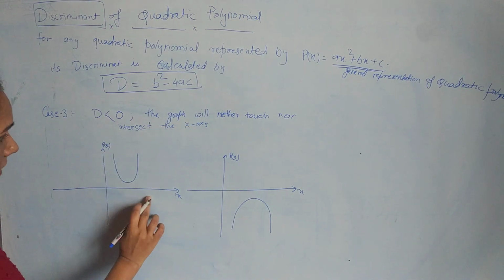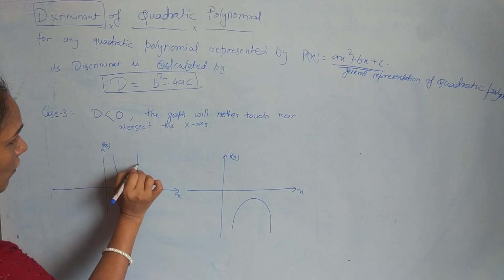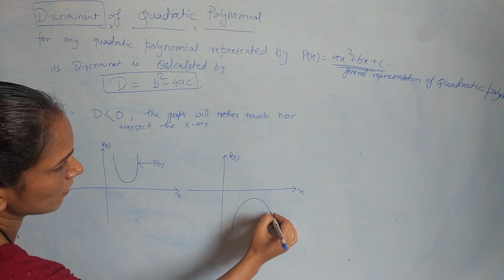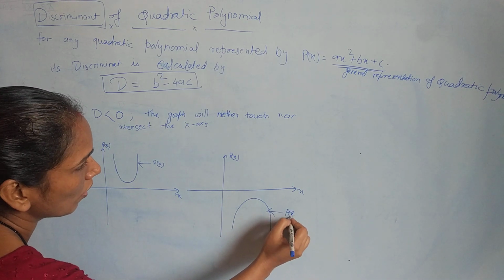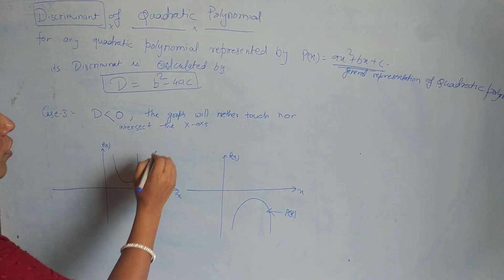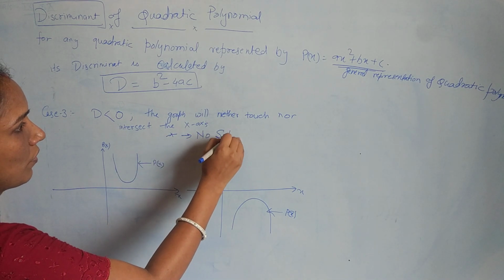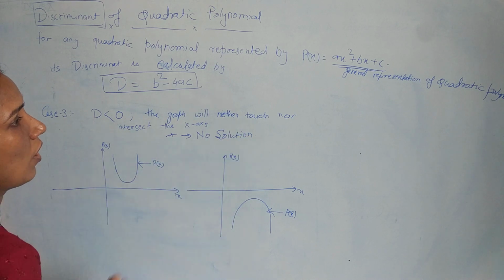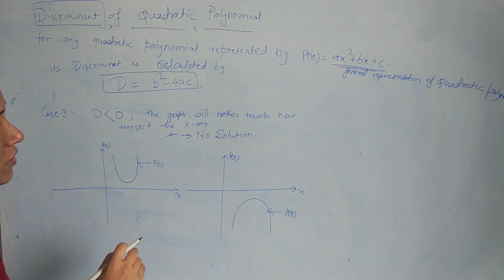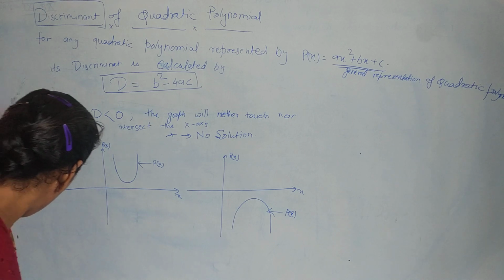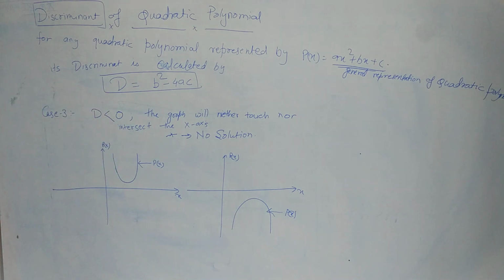Here we can clearly see that this graph of P of x is not touching the x-axis. That means there is no solution, or no zeros are there, or zeros are imaginary. Currently we are not discussing the property of zeros. That we will discuss in the next section.